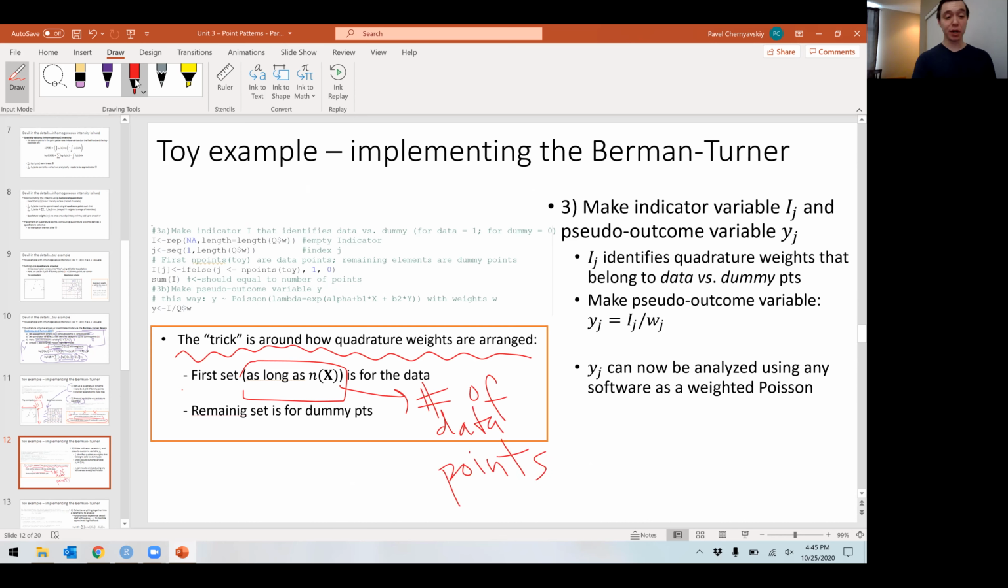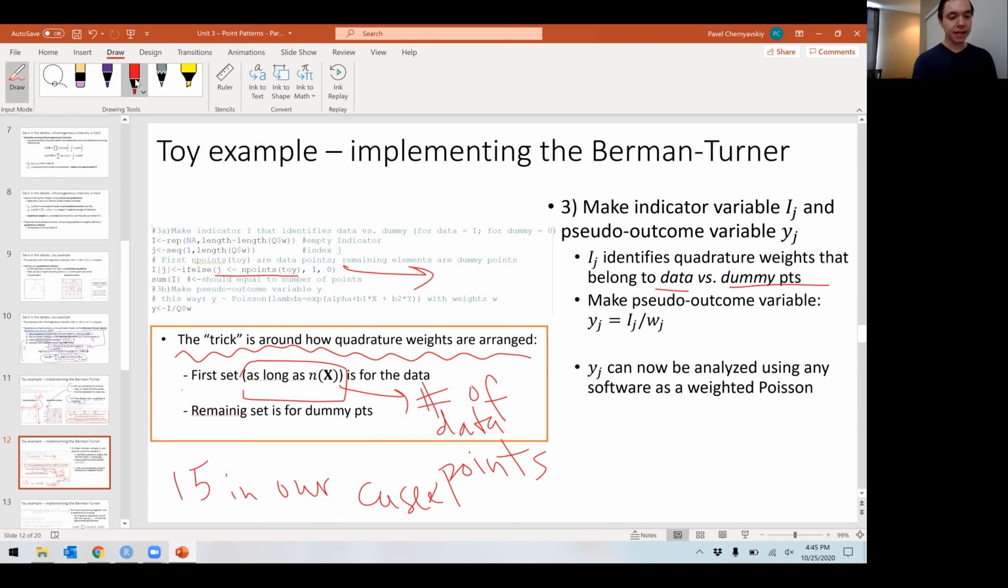So in our case, the first 15 are going to get ones, right? This line of code right here. The first 15 are going to get ones, and the remaining 44 minus 15 are going to get zeros. That's how we're identifying data versus dummy. So this indicator variable is 1 for data, 0 for dummy.